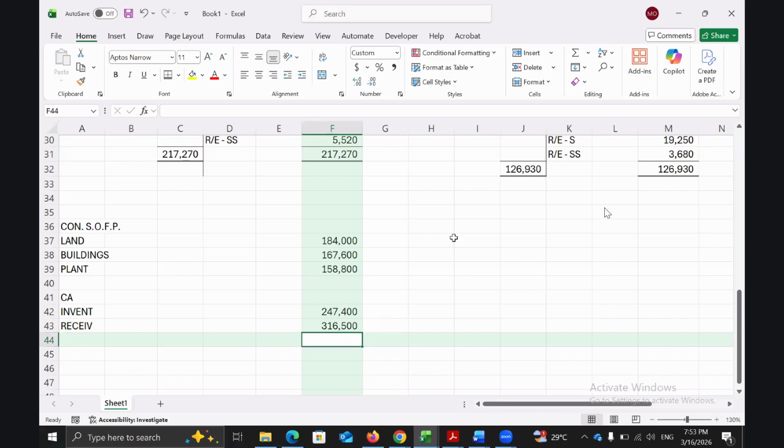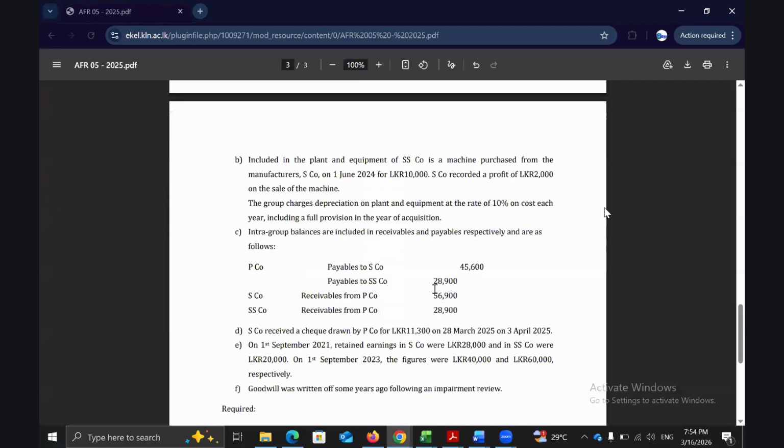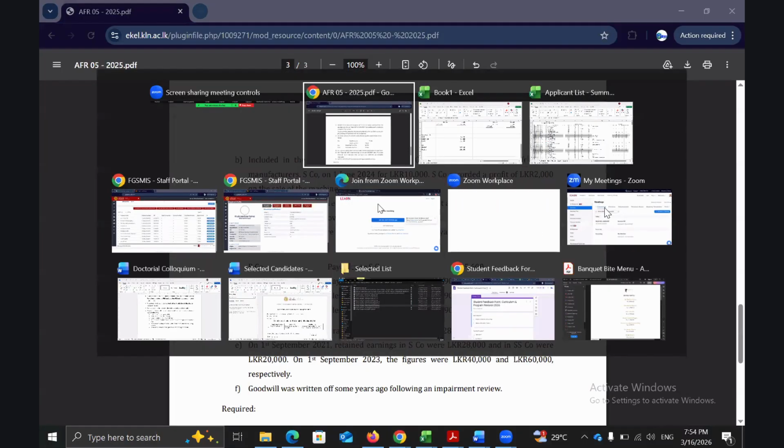Then our receivable balance. Type කරා වැරදි නේ, 56,900.